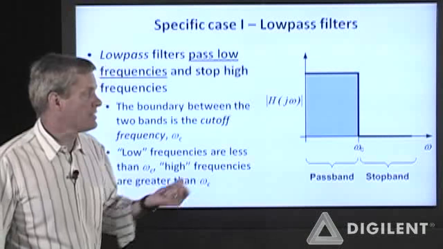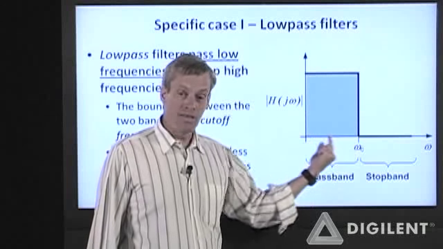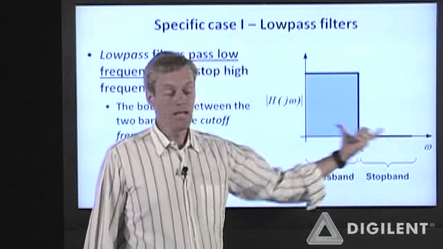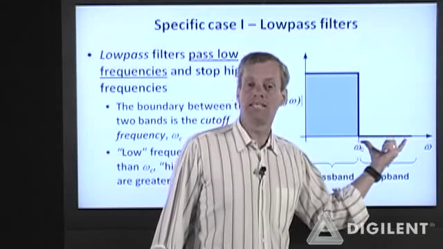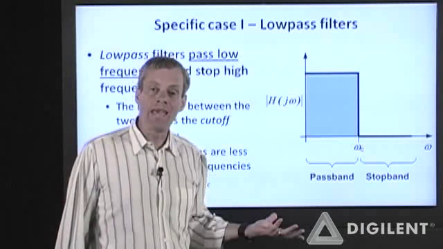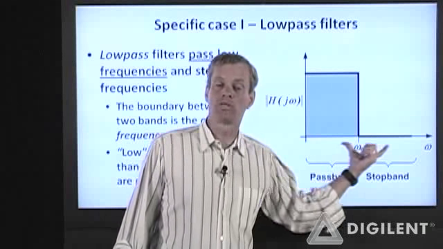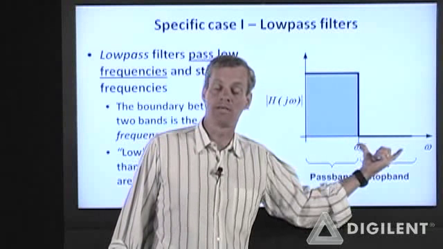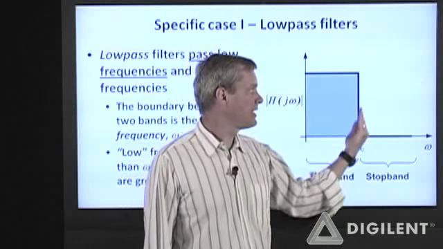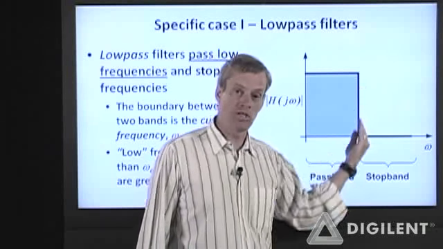Now, one comment. This ideal filter lets everything in the pass band through. It completely eliminates anything in the stop band. I can't create this filter physically. I cannot wire up a circuit that will do this process. This is ideal. I can't get this boundary between the pass band and the stop band to be perfectly sharp.